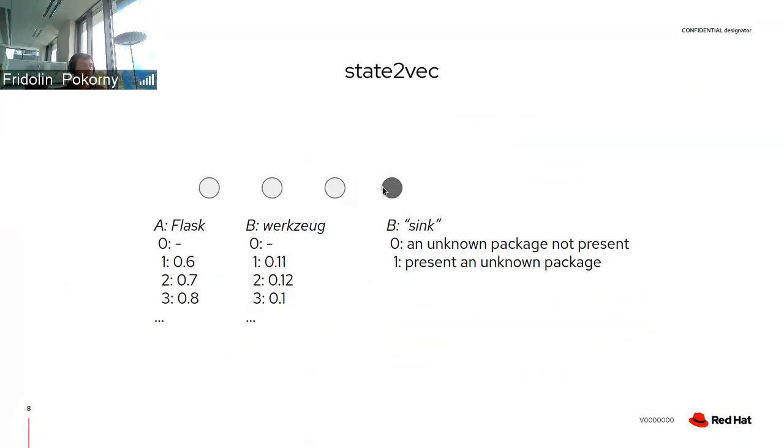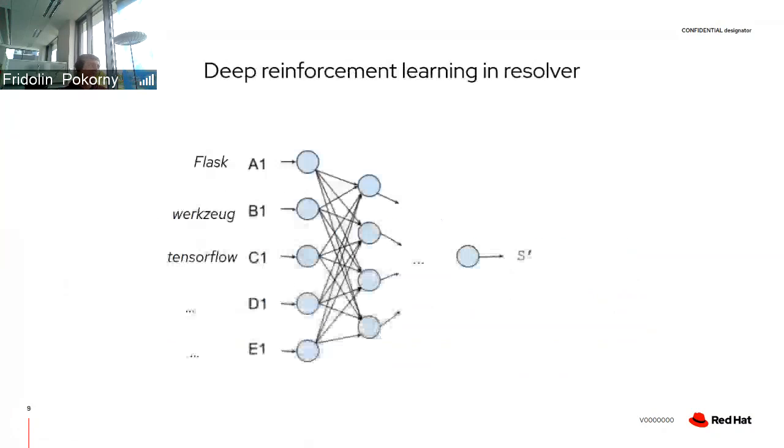Then there is one special node that is a sync node, and that corresponds to a package that was not seen during exploration. So if the exploration phase did not find the given package, there was no input node created for that, and in that case a sync node is created, and that sync node is used during predictions.